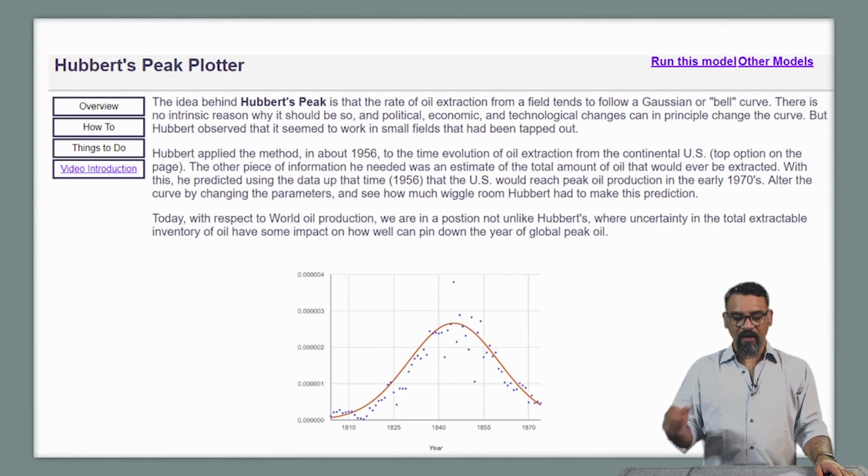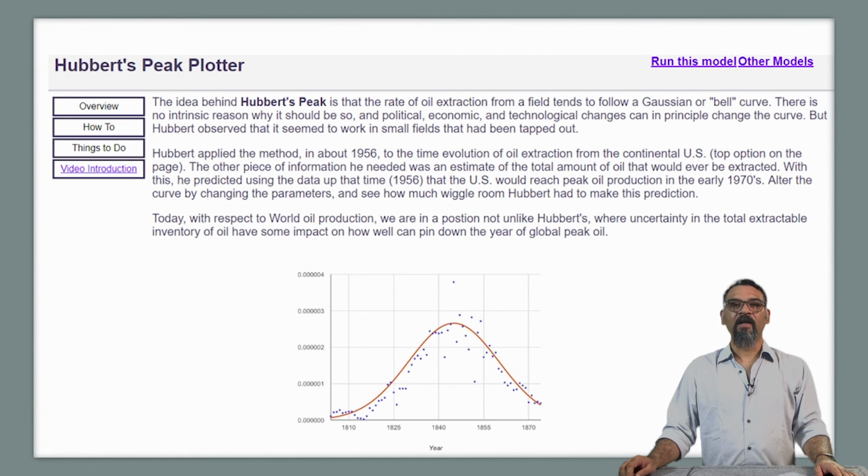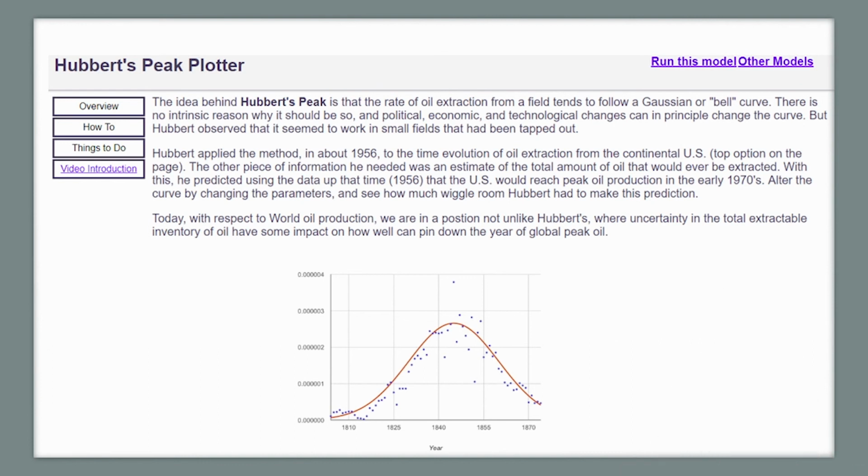And very briefly, for those who may not be fully aware of it, the idea of this particular model is based on Hubbert's peak. His peak was that the rate of oil extraction from a particular field tends to follow a Gaussian or bell curve. There is no intrinsic reason why it should be so, and political, economic, and technological changes can in principle change the curve.